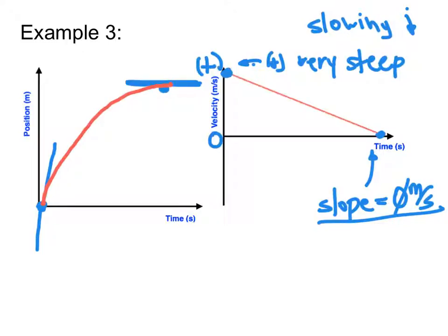Now, what's important to note is one thing I didn't bring up in the last 2 examples is that if we have a velocity versus time graph, we don't know what the initial position is. So if it's not specified, the initial position is whatever you want.